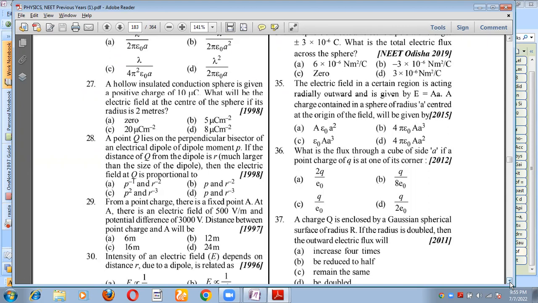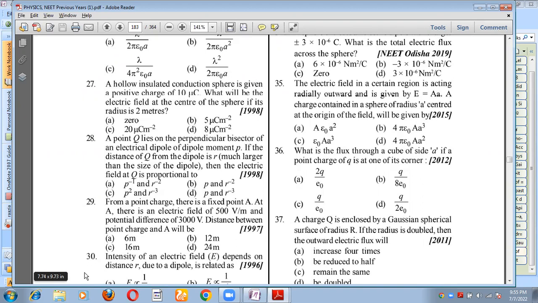Has everyone understood question number 36? What is it saying? Yes, sir. Okay.